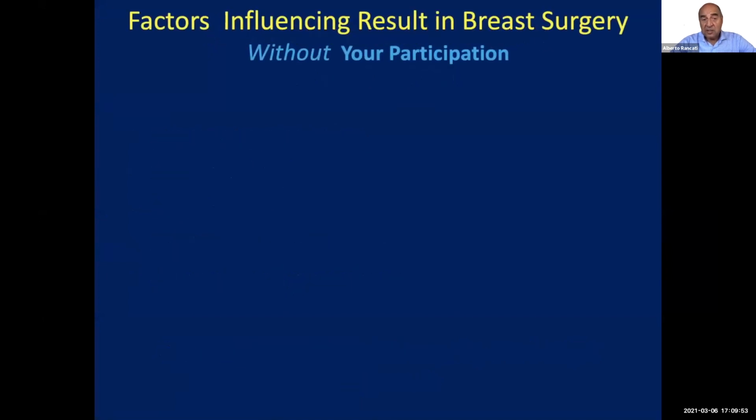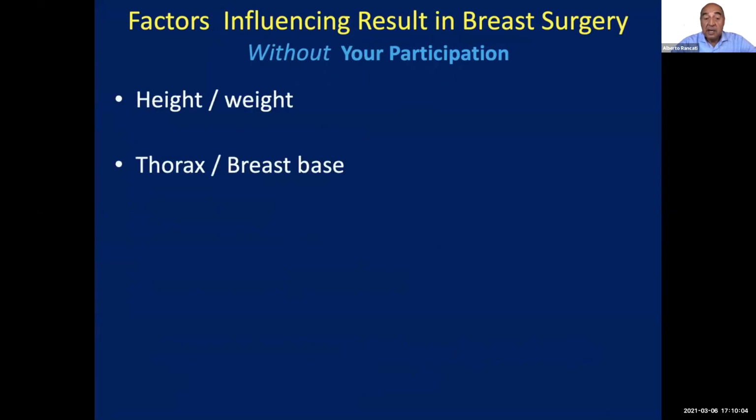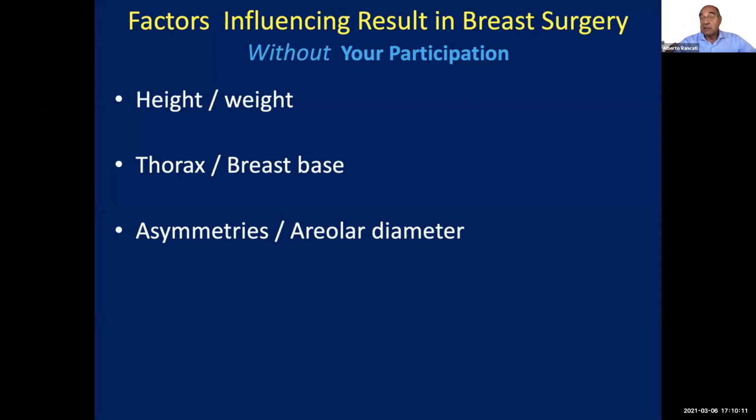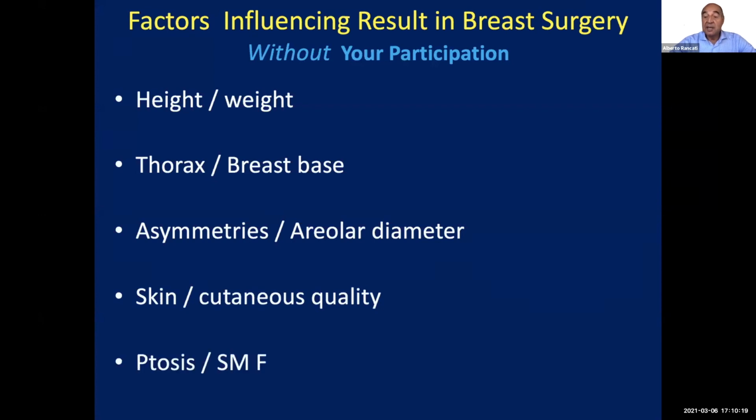So we have a lot of factors influencing the results in breast surgery, and some of them without your participation as a surgeon. For example, height and weight, the kind of thorax, the breast base, the asymmetries that congenitally the patient has, the areolar diameter, the areolar position, the skin characteristics, cutaneous quality, a kind of ptosis and alteration of the inframammary fold.